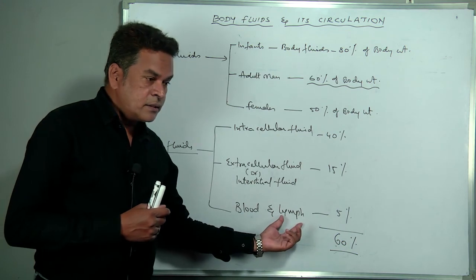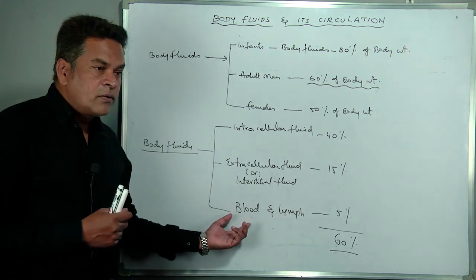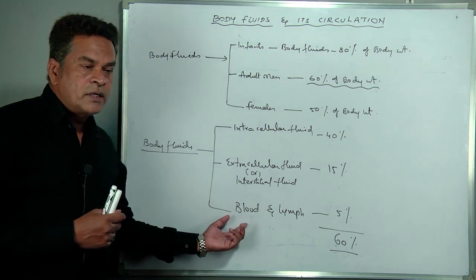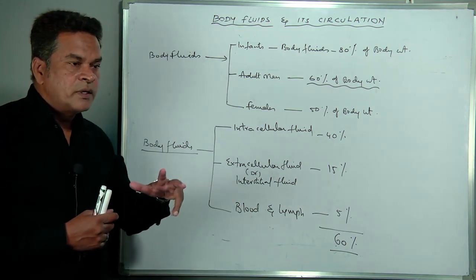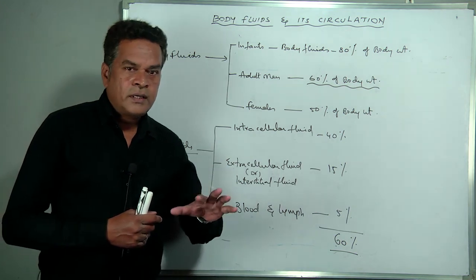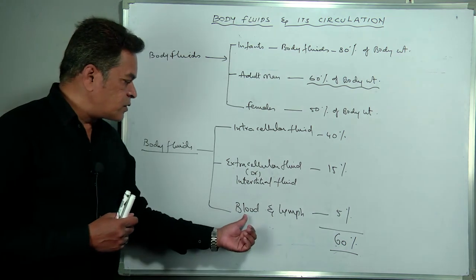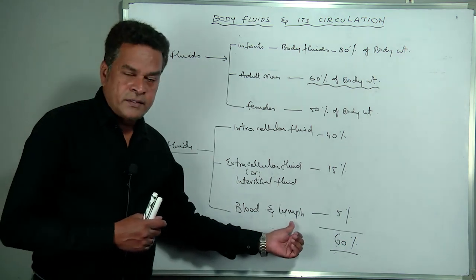Lymph and its components form the lymphatic system, and blood forms the blood vascular system. Broadly speaking, the circulatory system can be categorized into two: the blood vascular system and the lymphatic system.